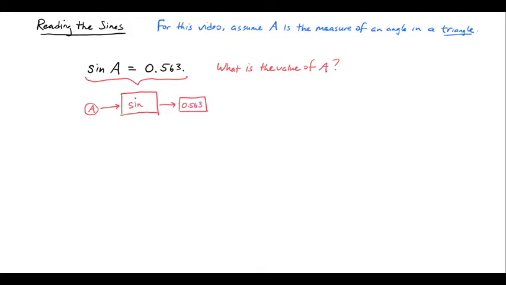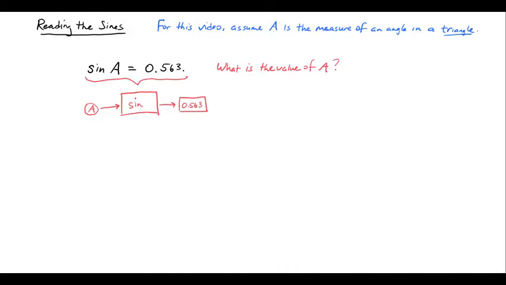And because we define sine and cosine on the unit circle, this means something about what would happen if we embedded this angle A in a unit circle, and out would come a y-coordinate of 0.563. But we don't really have to think about all of that context here. What I want to do here, though, is think about, well, if I know that the output of the function is 0.563, how do I come up with the value of A?